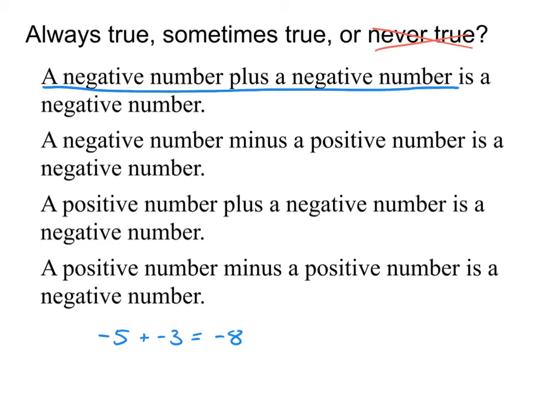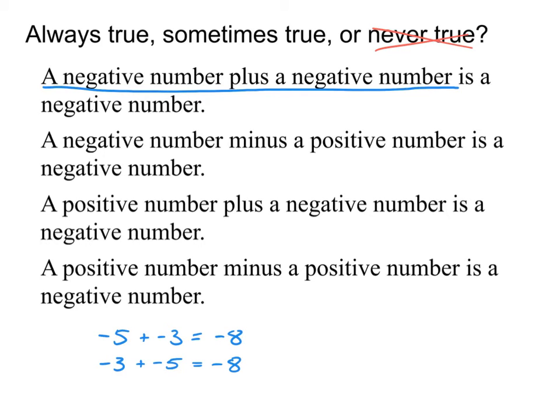With addition and subtraction, where it does vary is that if you change the order of the numbers, sometimes that will change the result. So let's try that out here. Instead of negative 5 plus negative 3, I'm going to make it negative 3 plus negative 5. If I do that problem and check it out, that also gives me a negative 8.